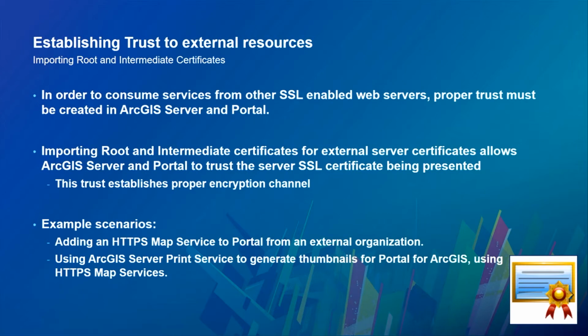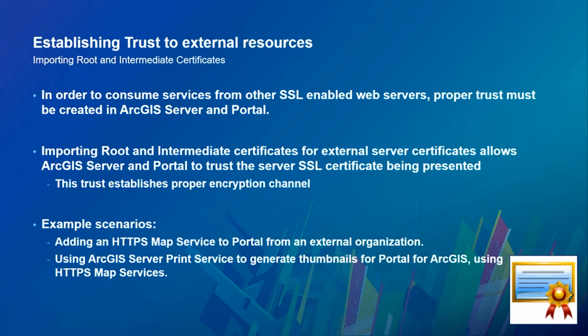All right, so we've talked a lot about replacing the self-signed certificates with signed certificates or dealing with them. Another aspect of this is, how do Portal and ArcGIS Server call out to external services, essentially becoming the client, and trust those external services, such as a print task calling out to get data from another ArcGIS Server?